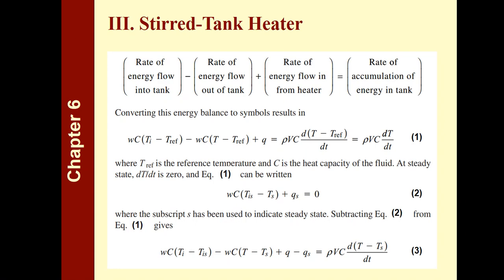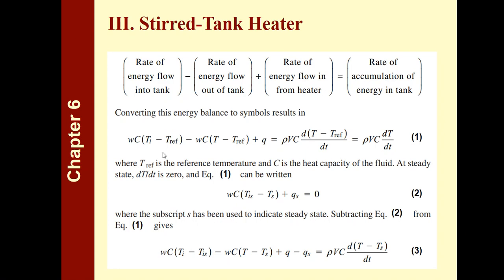So if we're going to convert our worded energy balance here on top into an equation, it will be using the MW here as the mass flow rate of the fluid, C as its specific heat, T sub I as its inlet temperature, and this T sub ref is some reference temperature that we're going to use.